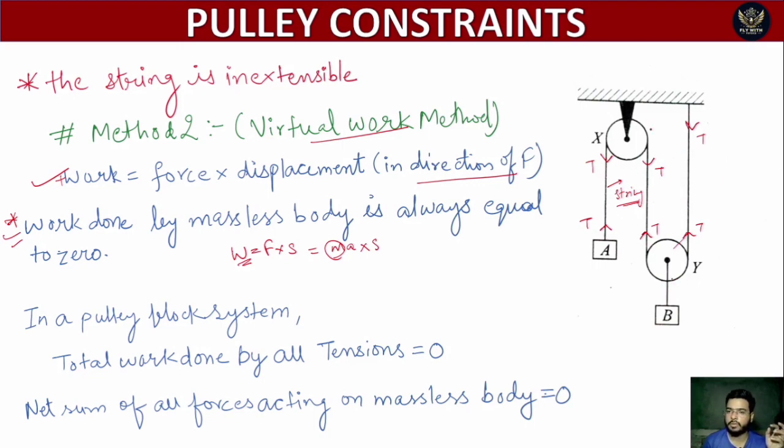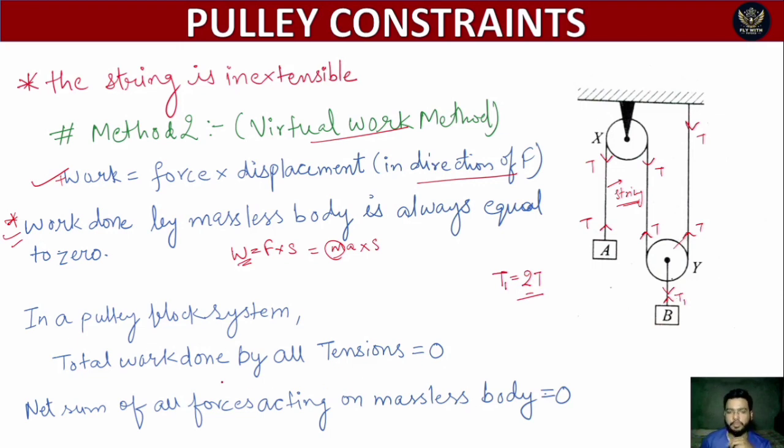This string is tied to some other objects, and this string is tied only to B. So here the tension will be T, and here also T, but here T1. The relation between the tensions is T1 is equal to 2T. This is the first relation between the tensions.